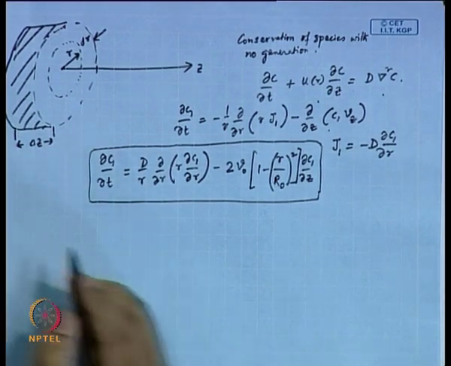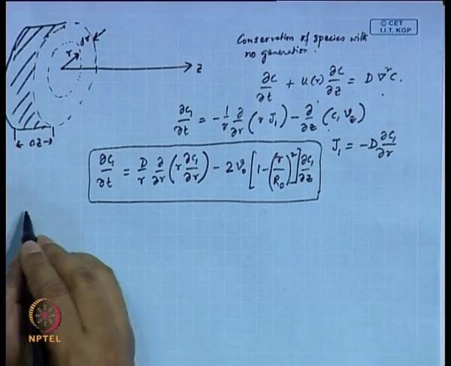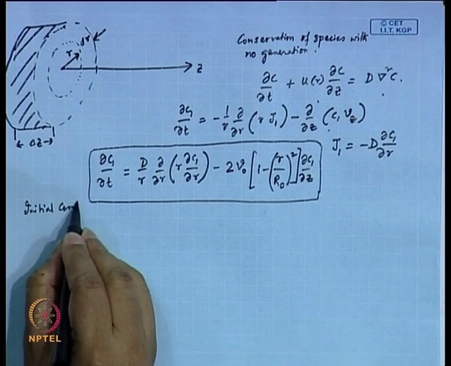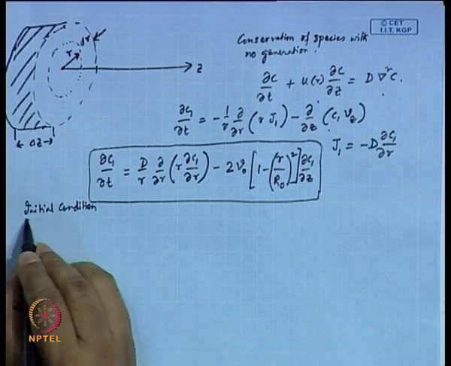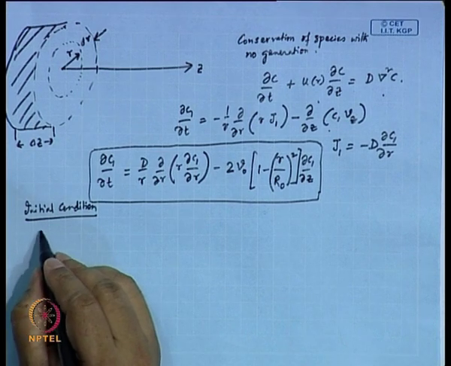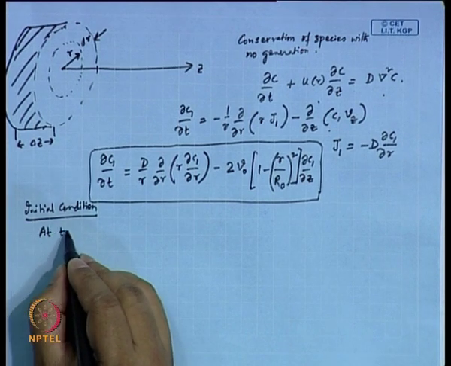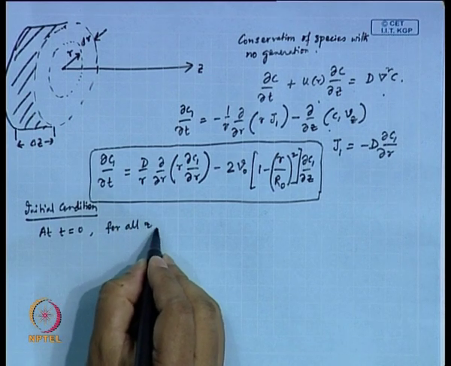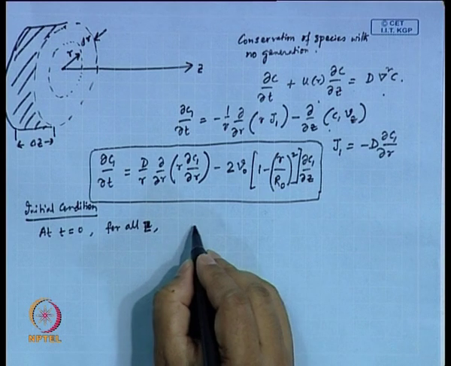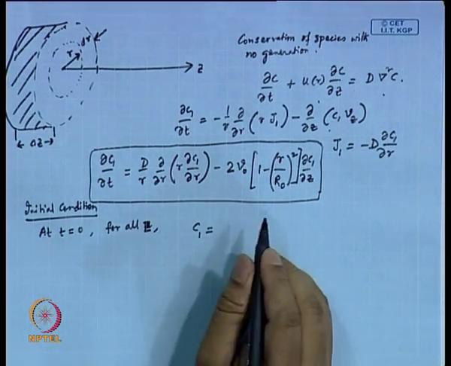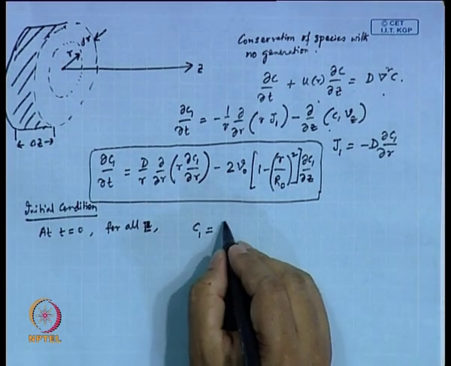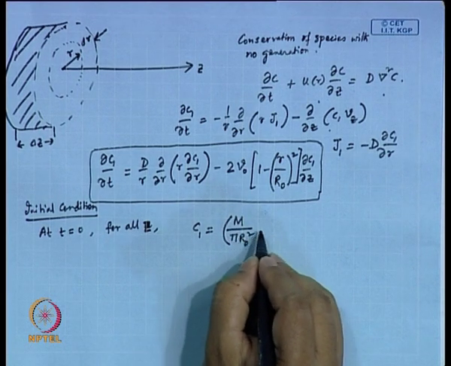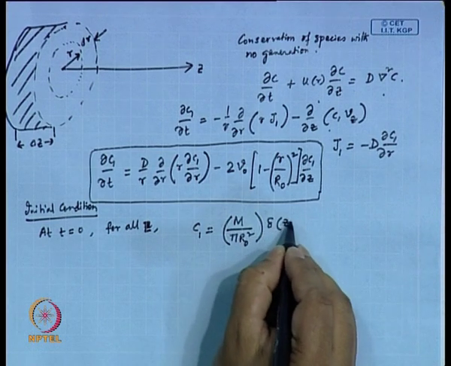Now, if we look at what the boundary conditions are, we are talking about a spot of tracer here. So, the initial condition is at t equal to 0, for all z, C 1 is equal to that Dirac function, m by a, which is m by pi r 0 square, delta z.